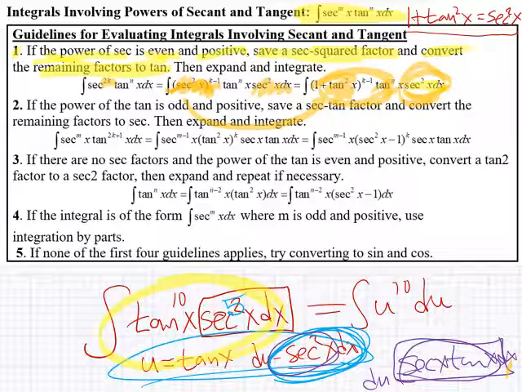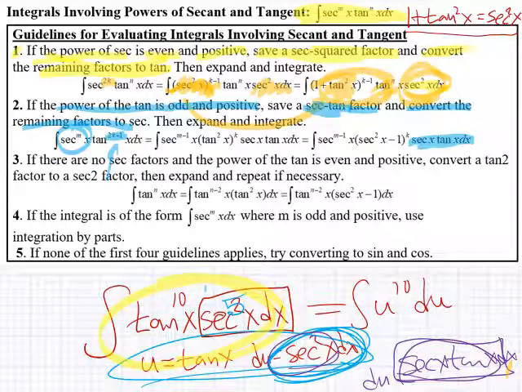Option 2. Option 2 is that the power of the tan is odd and positive. So if the tan is odd and positive, you're going to want to save a secant and a tangent factor for your du, in which case you have to convert everything else to secants. So odd positive power for your tan, save one of those tans, and pull one of these secants out.